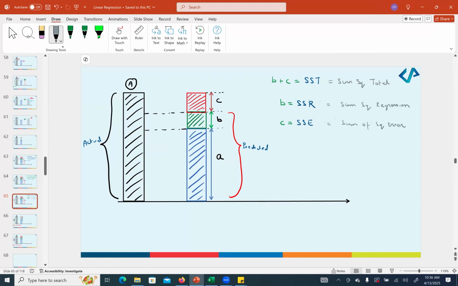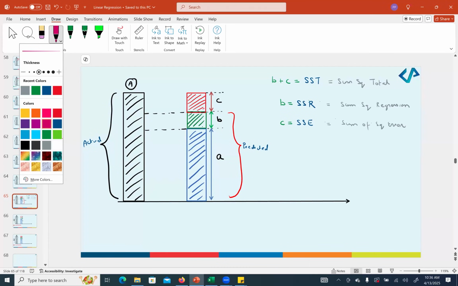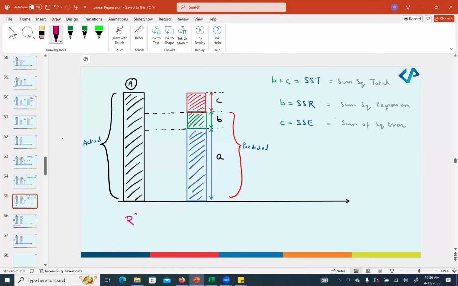Okay, so what is R square now? This is the important part. We are doing all of this because we wanted to calculate R square. R square is nothing but SSR divided by SST. The total variation in the data set was B plus C, and how much am I being able to explain out of it?